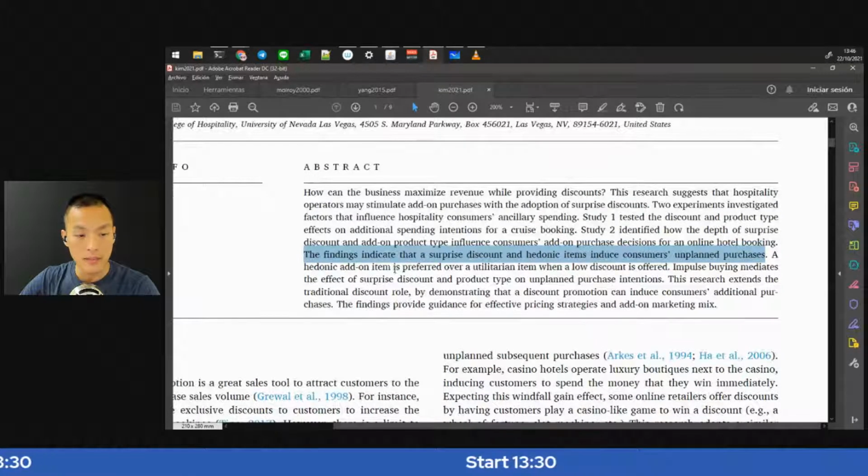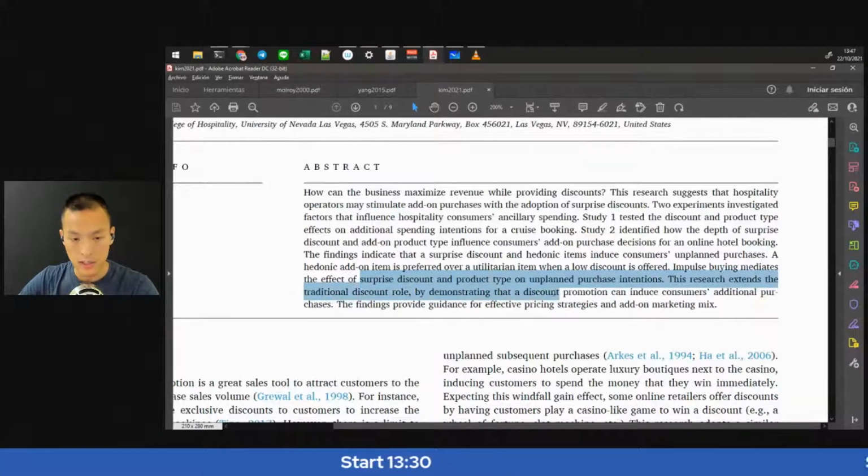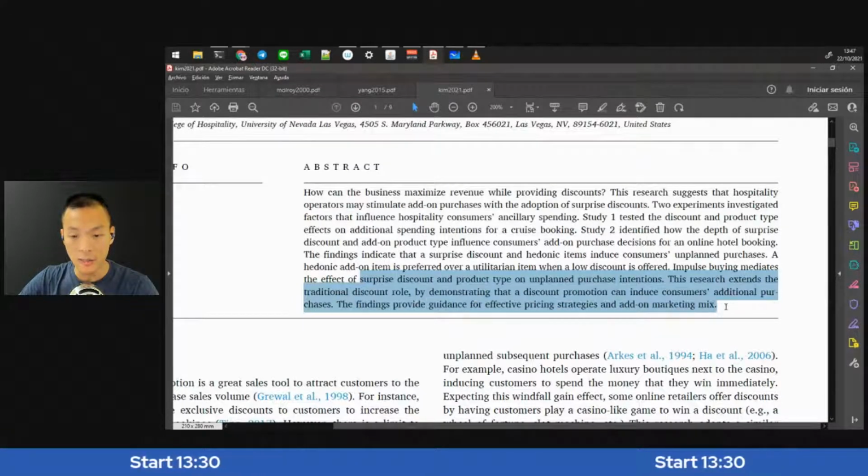A hedonic add-on item is preferred over a utilitarian item when a low discount is offered. Impulse buying mediates the effect of surprise discount and product types on unplanned purchase intentions. This research extends the traditional discount role by demonstrating that a discount promotion can induce consumers' additional purchases. The findings provide guidance for effective pricing strategies and add-on marketing mix, right?